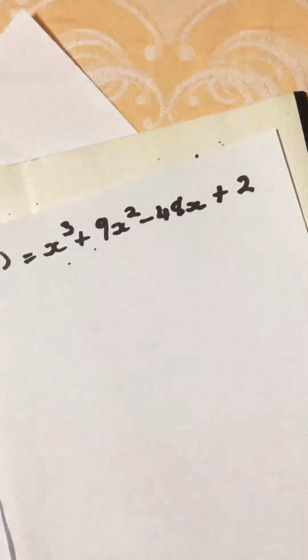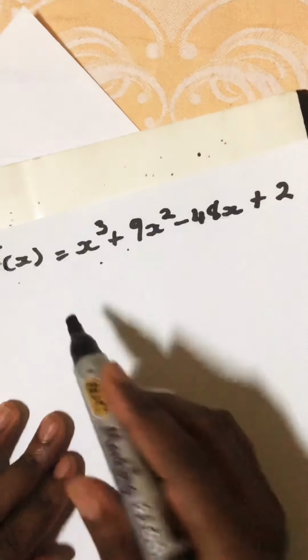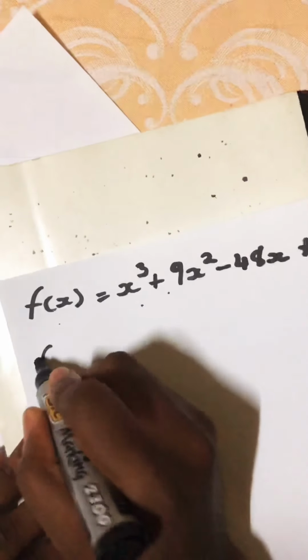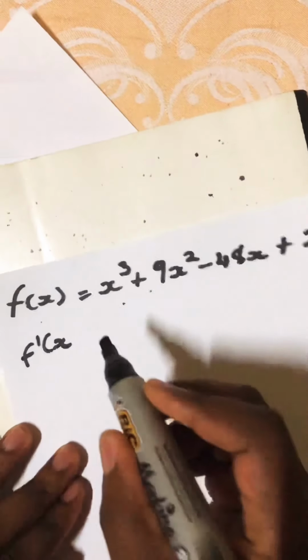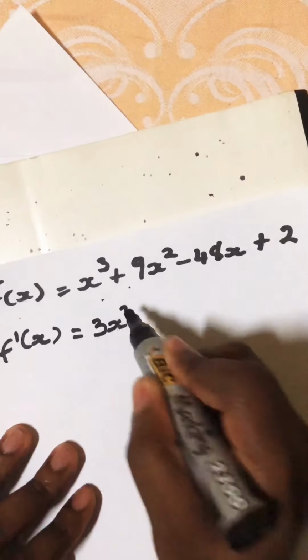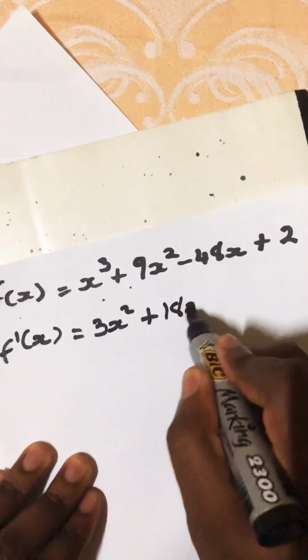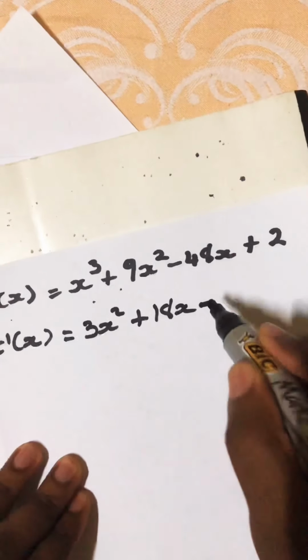So now we have to look at those points at which the gradient is 0. The easiest way to get the gradient is to first of all differentiate. So f prime of x will be 3x squared plus 18x minus 48.